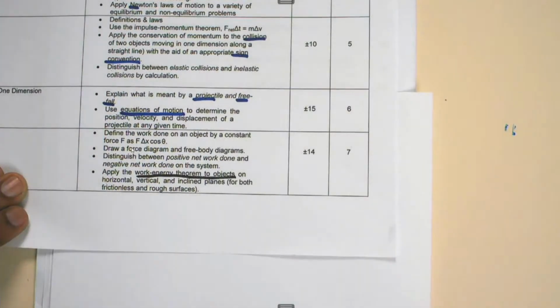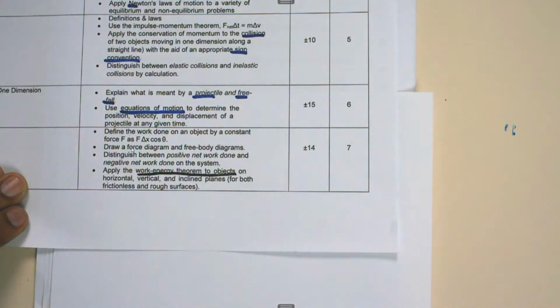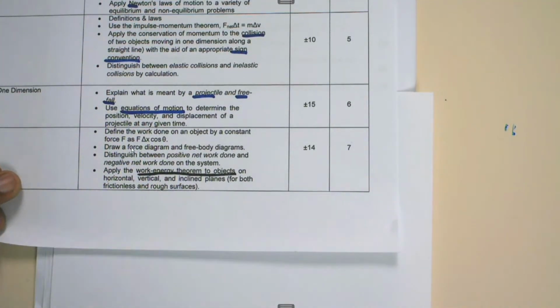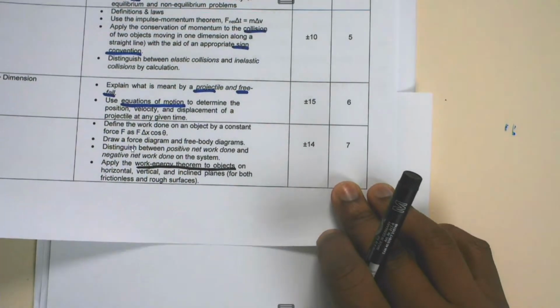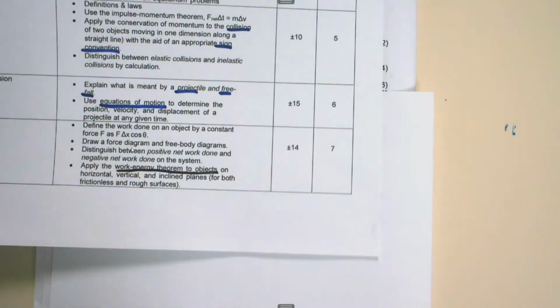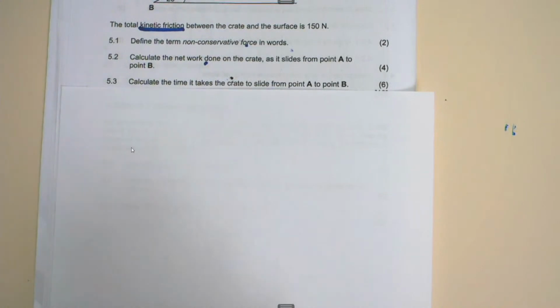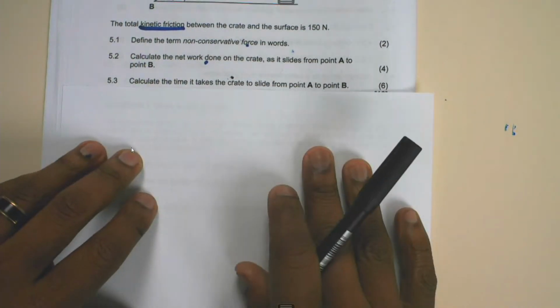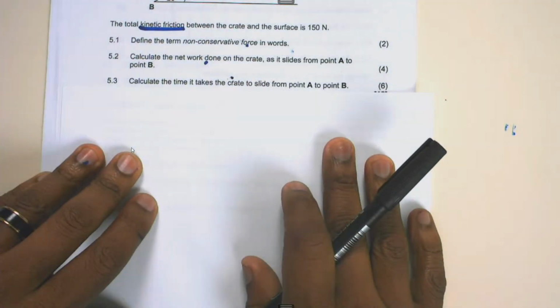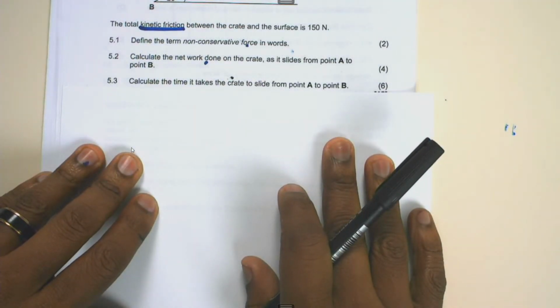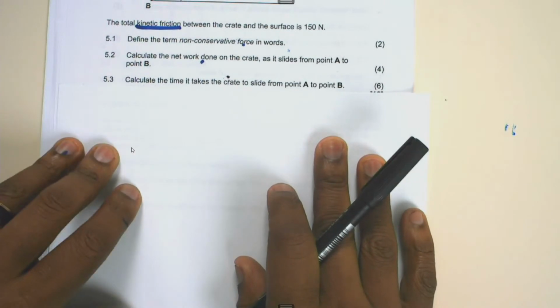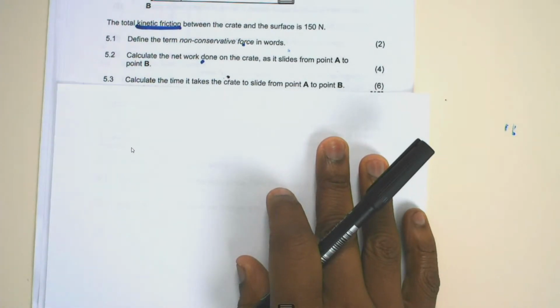Hence I'm saying it is always best to have a reference of what you are looking for, a reference of where I can get my maximum marks. So now calculate the time it takes when the grade slides from A to B.